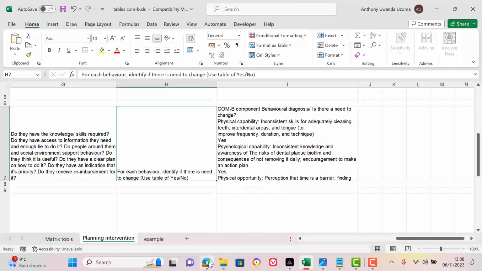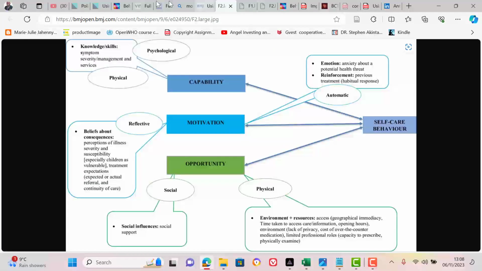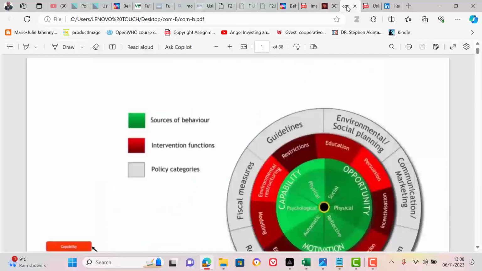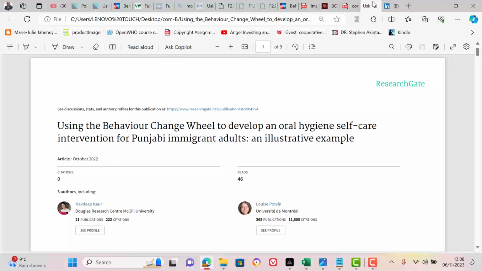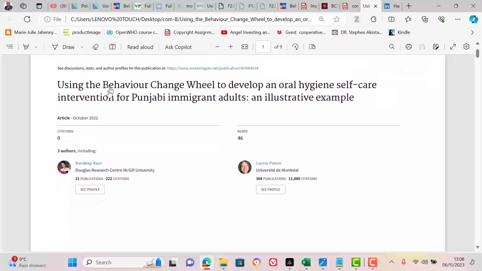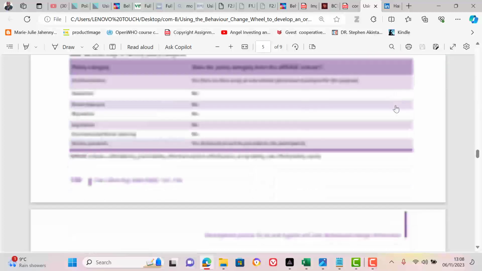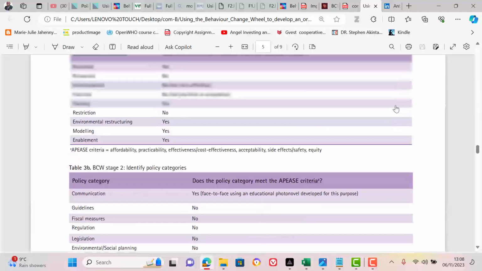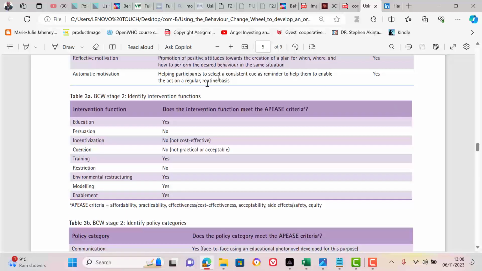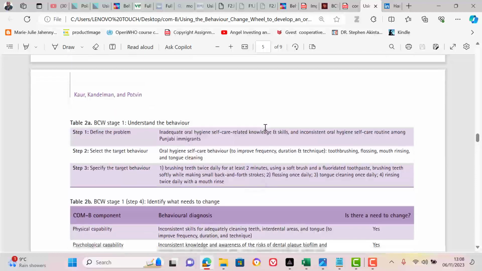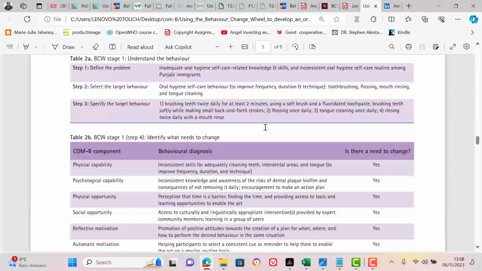Let me show you an example of where this was utilized. My reference is this article, using the behavior change wheel to develop an oral hygiene self-care intervention. You can see the author having identified the steps that I've already done before.